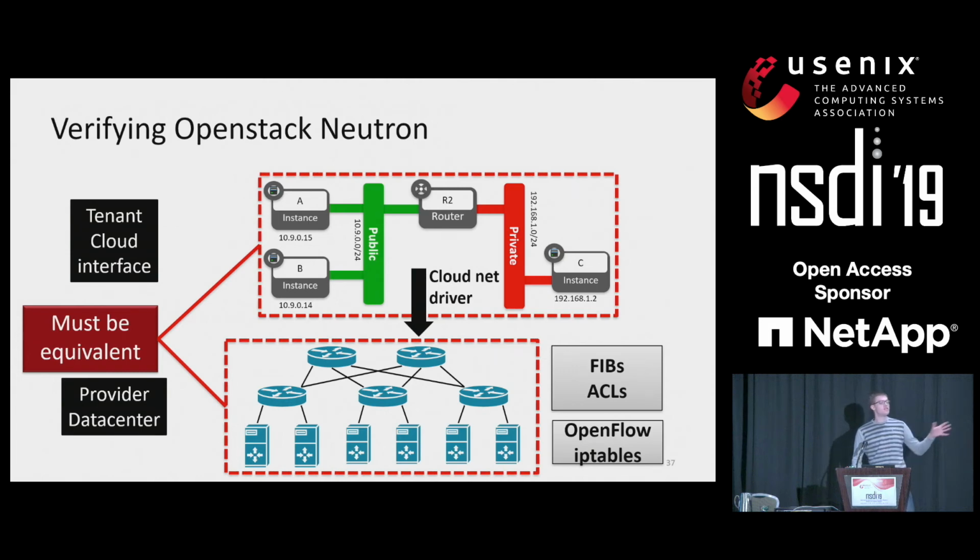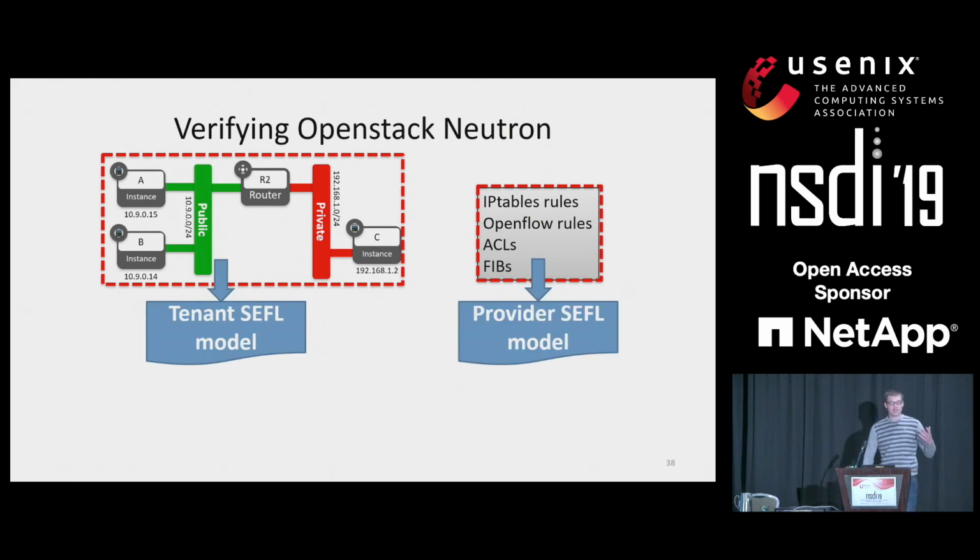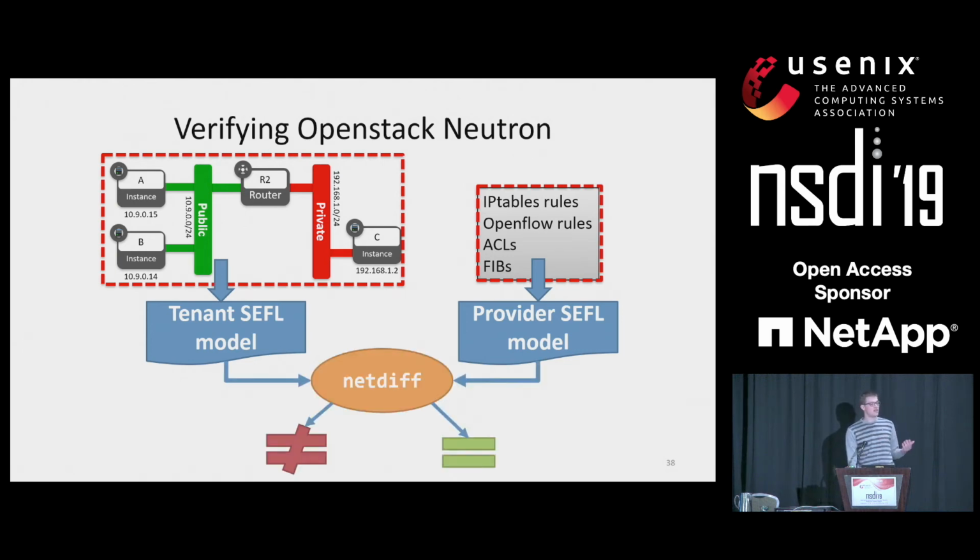So we must prove that these two things are actually equivalent. So how do we proceed? Well, first of all, we automatically translate each view of these data planes into SEFL models, and then we use netdiff in order to check whether they're equivalent or not. And if they're not equivalent, most likely there is a bug, either a configuration one, or a software bug.